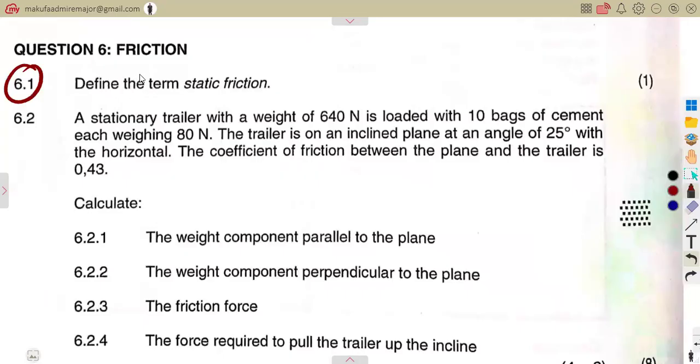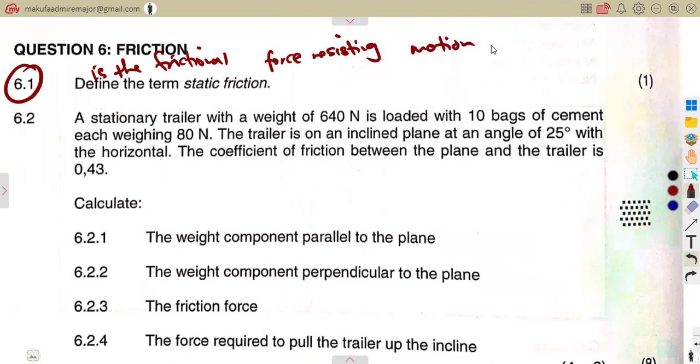So you can refer to it that way: it is the frictional force that is resisting motion up to the point of sliding.